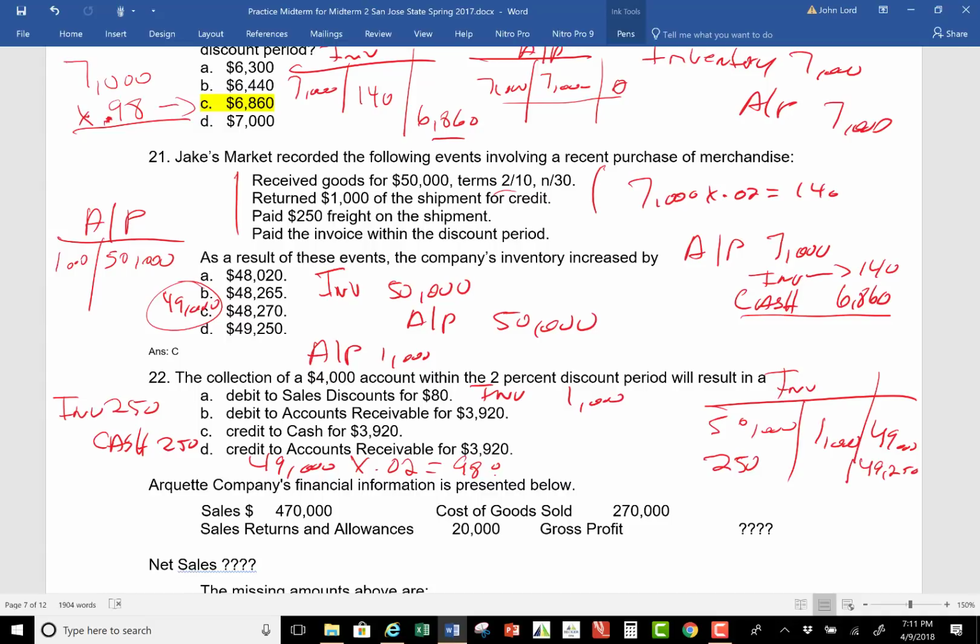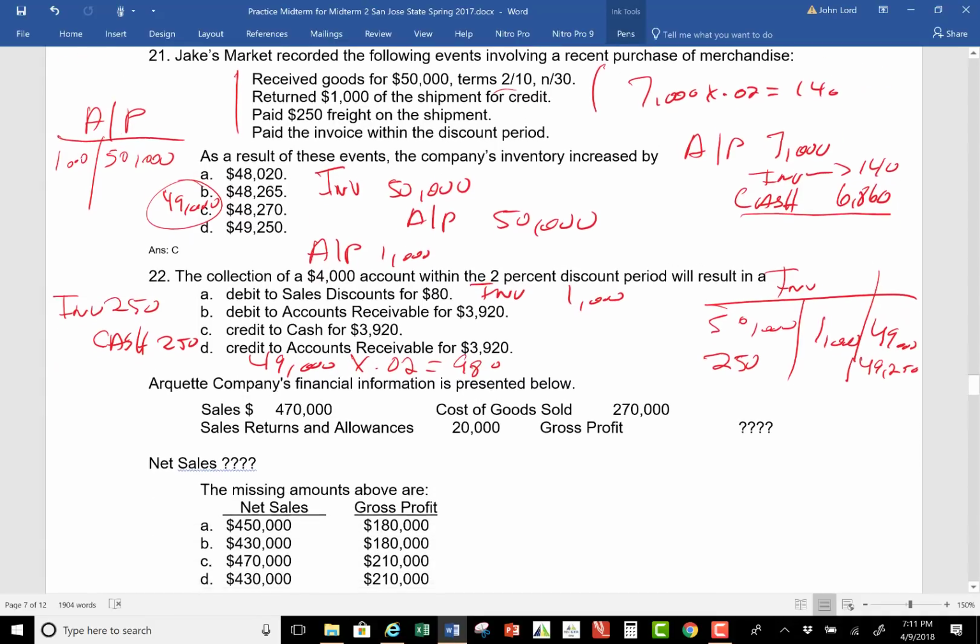That discount is going to go against which account? Good. So I'm going to debit the accounts payable for 49,000. I'm going to credit the inventory for what? 980, you tell me? And I'm going to credit my cash for, they gave me a 980 discount off of a bill of 49,000.